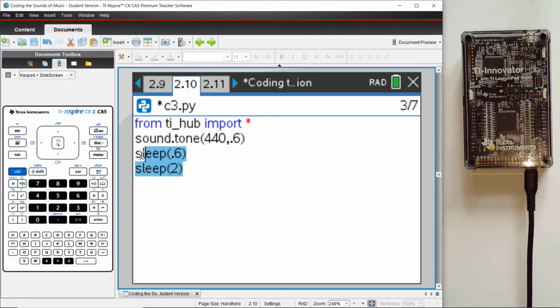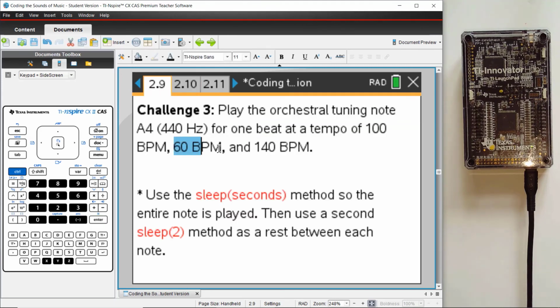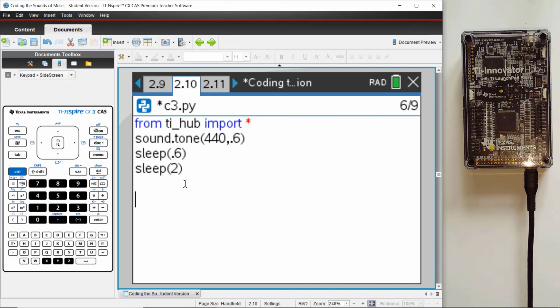So really these three lines are going to be exactly the same. The only difference will be you'll be changing these numbers right here according to your calculation for the time period for one beat at these different tempos, 60 and 140. So go ahead and pause your video now and take the time to finish the challenge. When you're all finished, go ahead and resume the video and we'll wrap this up.